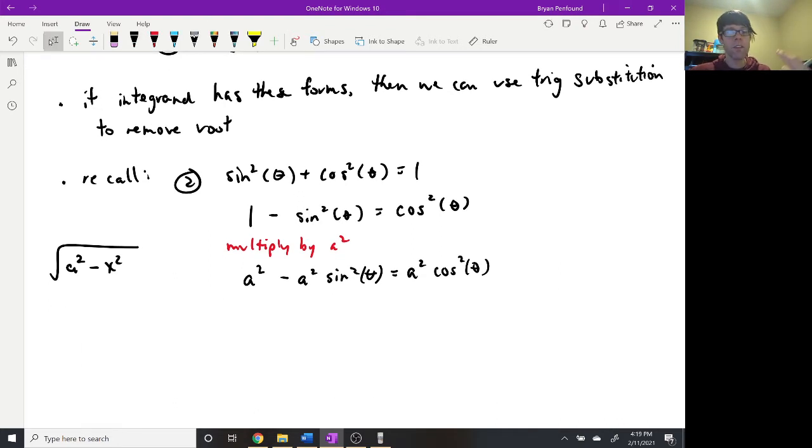And that reveals to us what we want to make for our substitution. We would like x squared to look like a squared times sine squared. So we would like these two things to be the same.